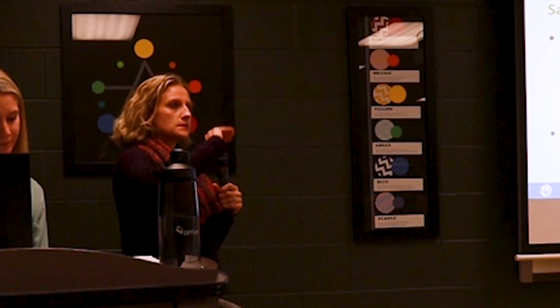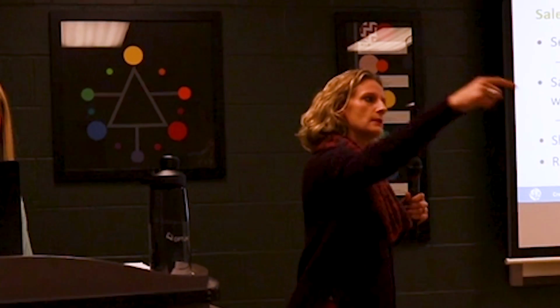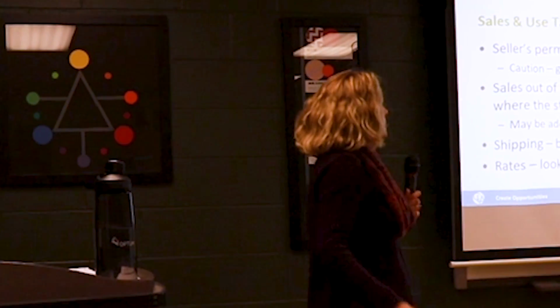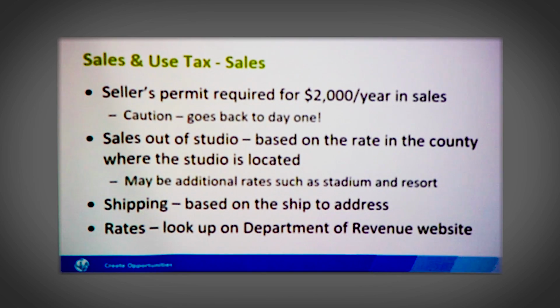So let's talk about sales tax if you're selling something, right? So you need a seller's permit to charge sales tax to other people. So if you sell $2,000 a year in sales, you need a seller's permit, okay? I just want to caution you, it goes back to the first day of your business in that year.